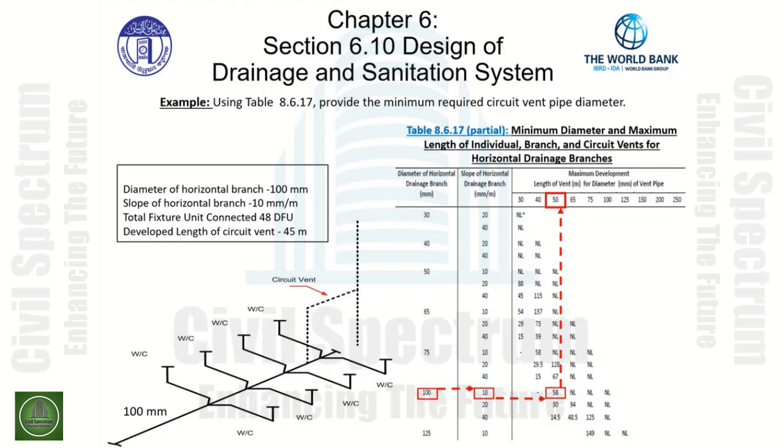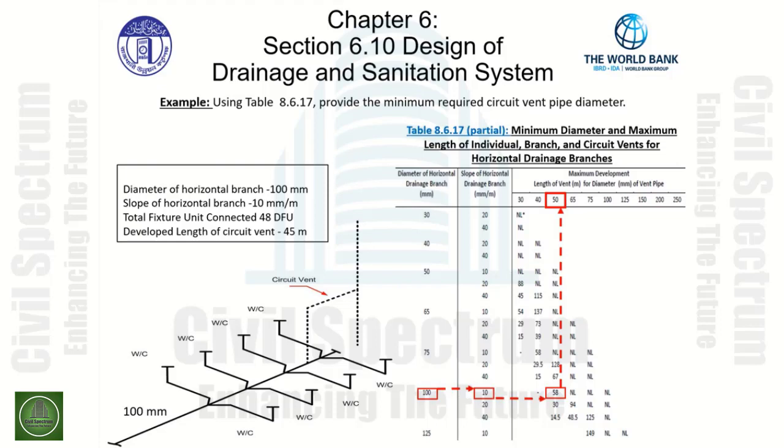The diameter of the horizontal branch in this case is 100 millimeters. The slope of the horizontal branch is 10 millimeters per meter. Our total fixture unit connected is 48 drainage fixture units. The developed length of the circuit vent in this case will be 45 meters.